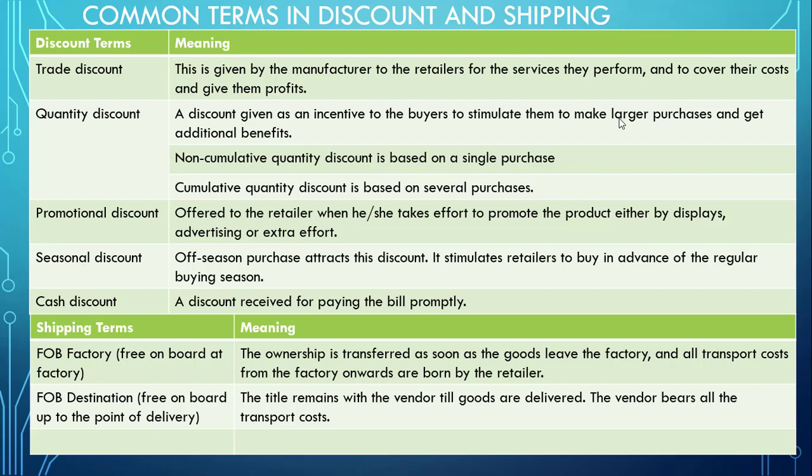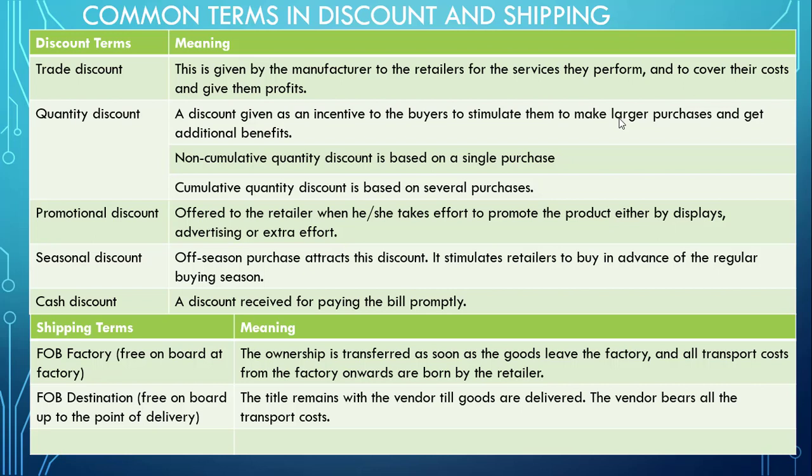In this chapter we'll discuss what pricing is and how we are going to set price, what the basic pricing strategies are, and then different other issues. But before we discuss what price and pricing are, let's discuss certain terminology that is used in discount and in shipping.